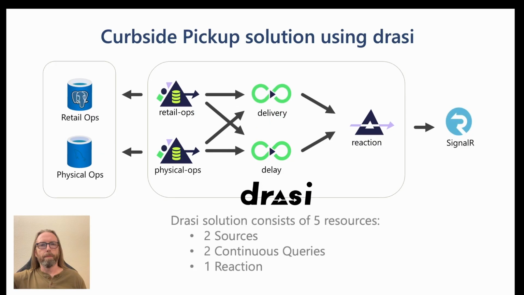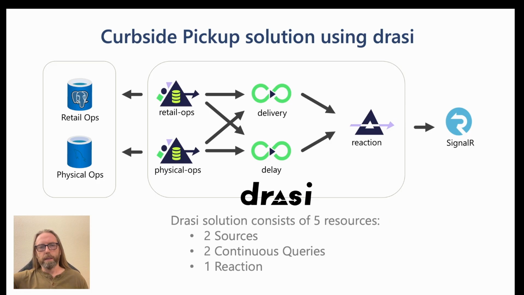So if we think about, on the left-hand side here, we've got the two databases, the retail ops, which is Postgres, the physical ops, which is MySQL. We're going to need, to begin with, a source for each of those. So we've got a Postgres source and we've got a MySQL source in our library of sources. We're going to need two continuous queries.